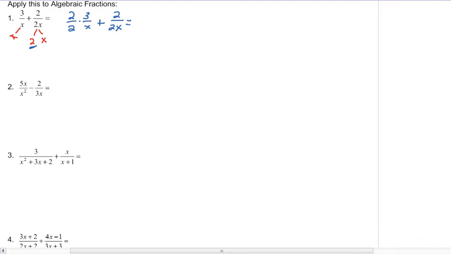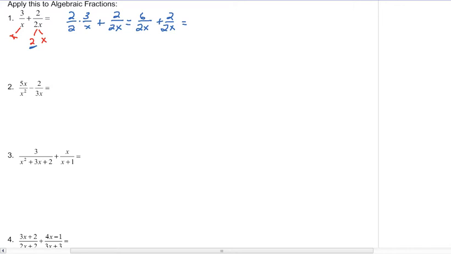So 2 over 2 times 3 over x plus 2 over 2x. When we combine that first fraction together, 2 times 3 gives us 6 over 2x, and then plus 2 over 2x. Now, combine your like terms.